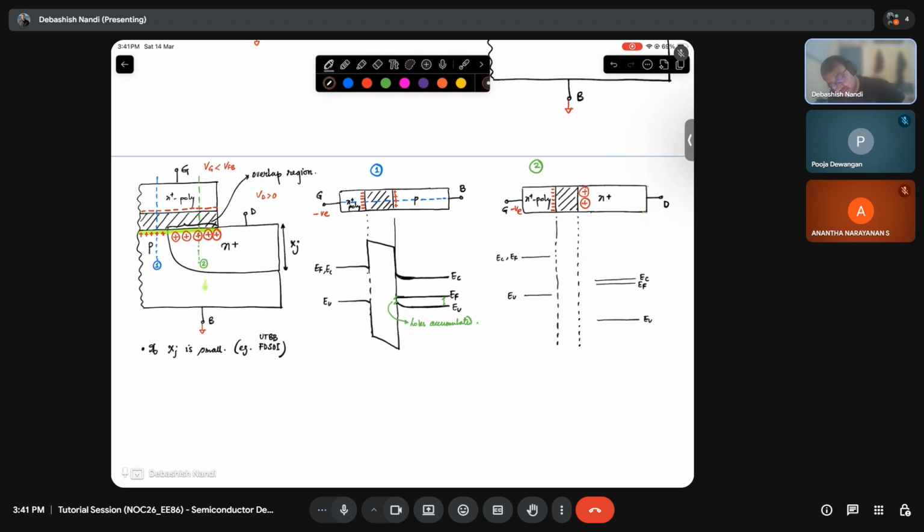It will be like this. Let's say this is your EI. EI will also follow this, and EV will also follow this. So what is the state now?